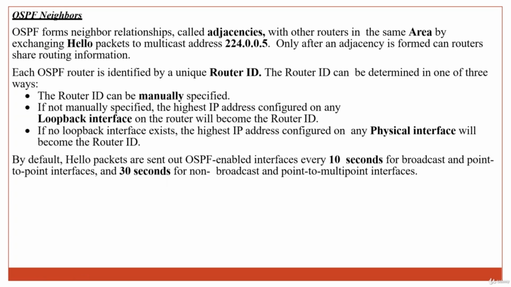Then how this OSPF is going to form the OSPF neighbor relationship. So if you connect two routers in between, suppose for sake of simplicity, I have only two routers connected in a network. So in that case, what will happen? Suppose I have router 1 and router 2, and these two routers are connected, or they are inside area 0.